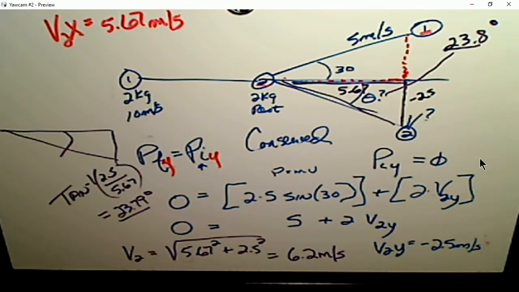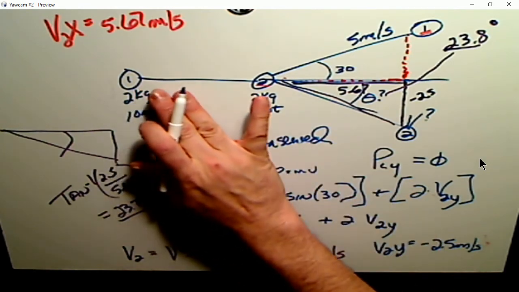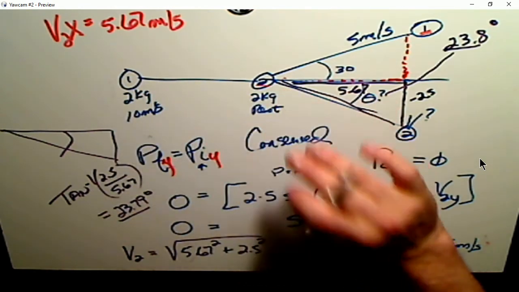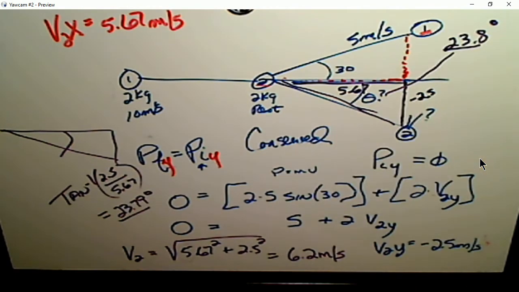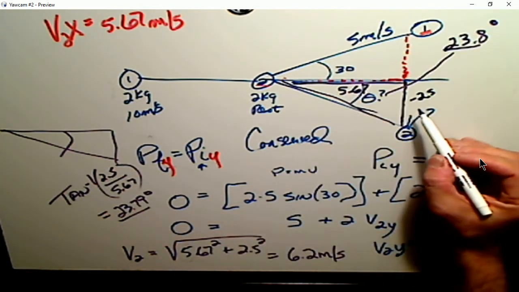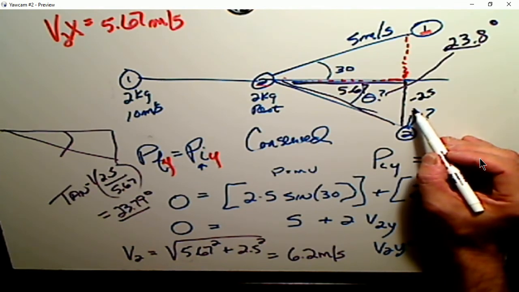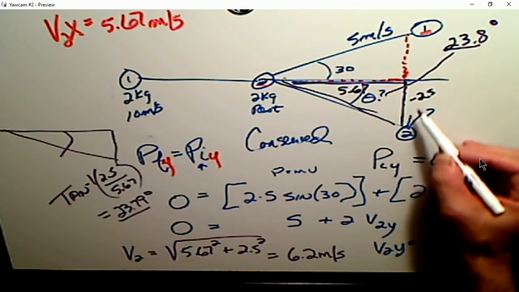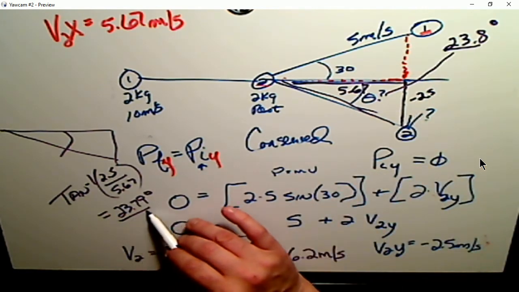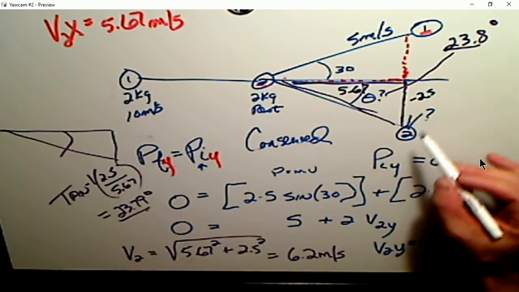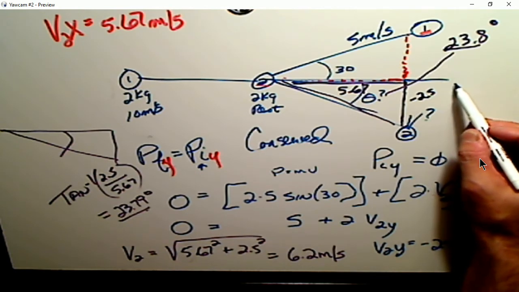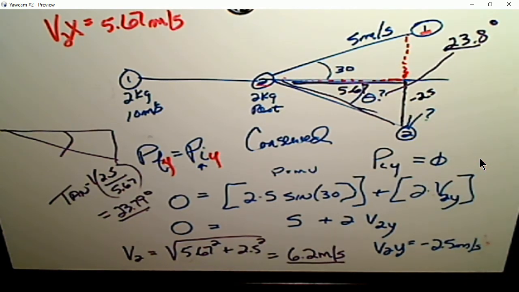So, if this ball is going at 10 meters per second and strikes this ball and goes off at 5 meters per second at 30 degrees, what must happen to ball 2 is that it goes off at 23.8 degrees below the positive x-axis at a rate of 6.2 meters per second.